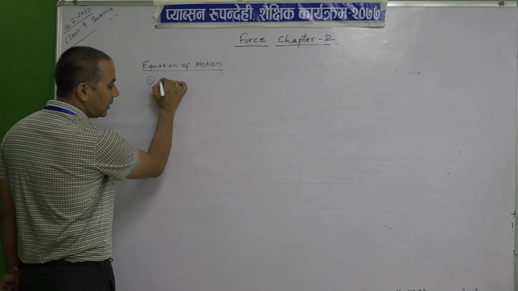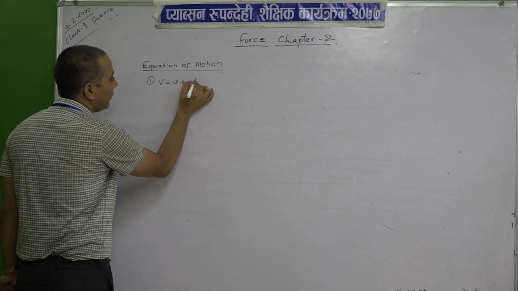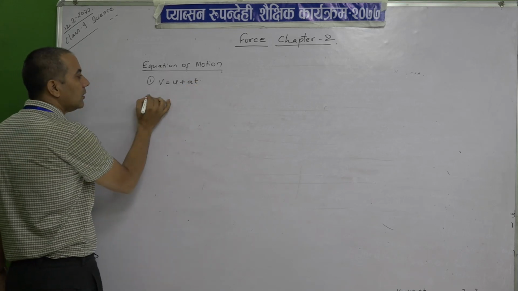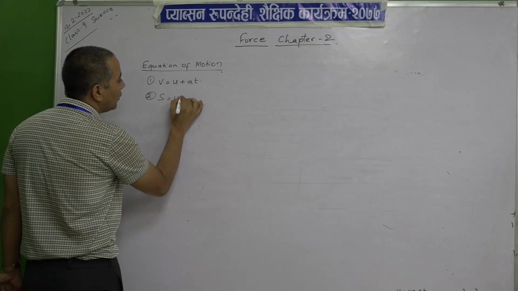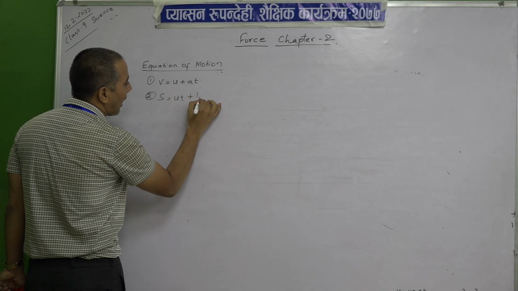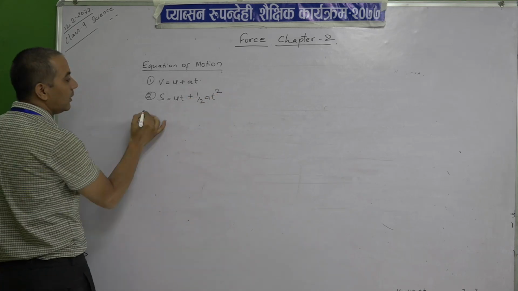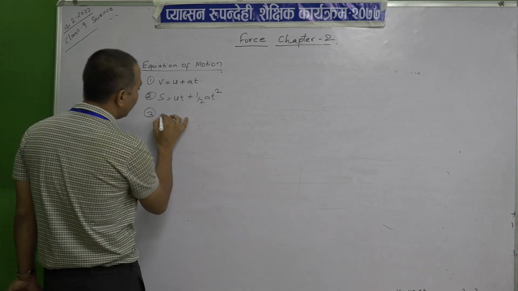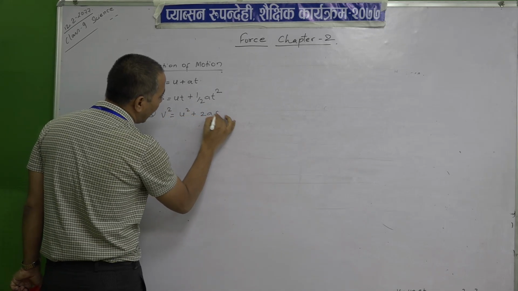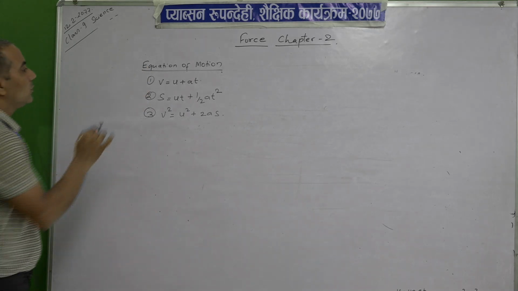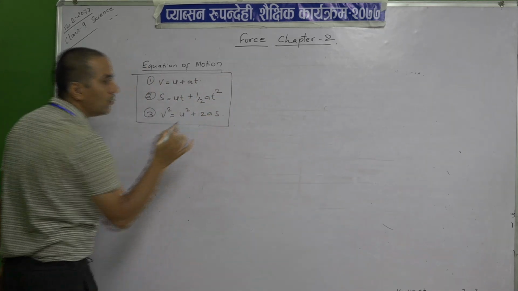The first one is v equals u plus at. The second equation is s equals ut plus half at squared. The third equation is v squared equals u squared plus 2as. These are the 3 equations of uniform motion.